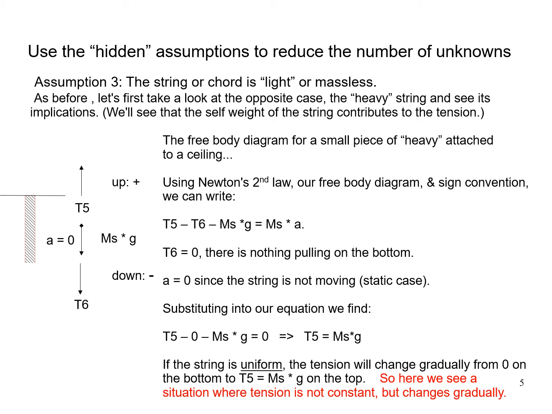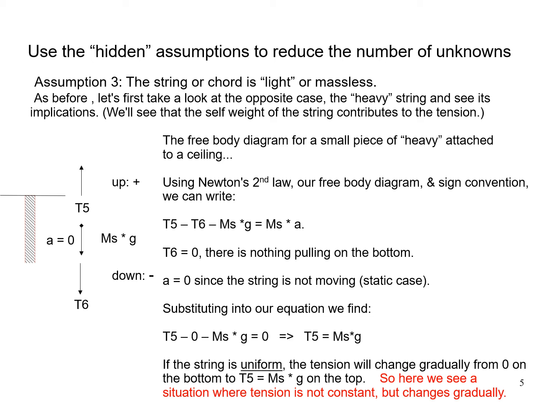Now I'm adding a third tension force, T6, which I'm defining as the tension force applied to the bottom of the string. Now, since there is nothing pulling on the bottom of the string, T6 is 0. I've added T6 to reinforce the idea that the tension in the string starts at 0.